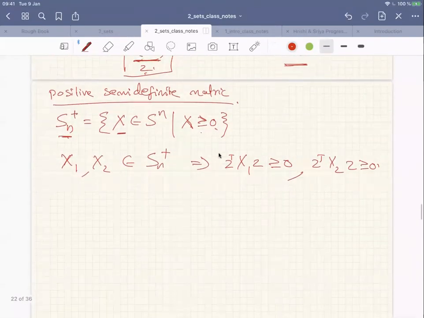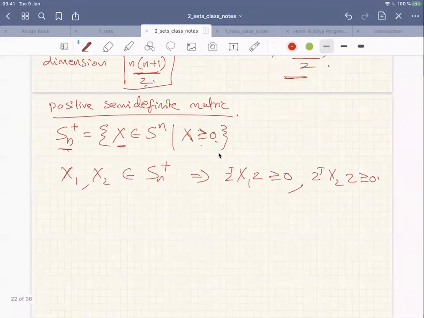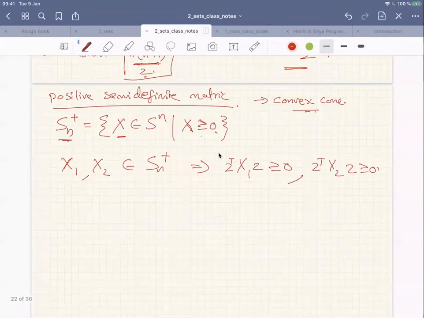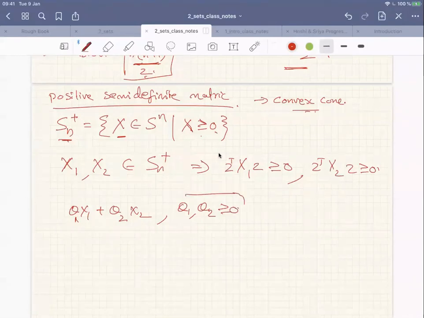Now we are going to prove that this is a convex cone. So now we take the conic combination theta 1 x1 plus theta 2 x2, where theta 1, theta 2 are greater than or equal to 0. This is the conic combination, right?